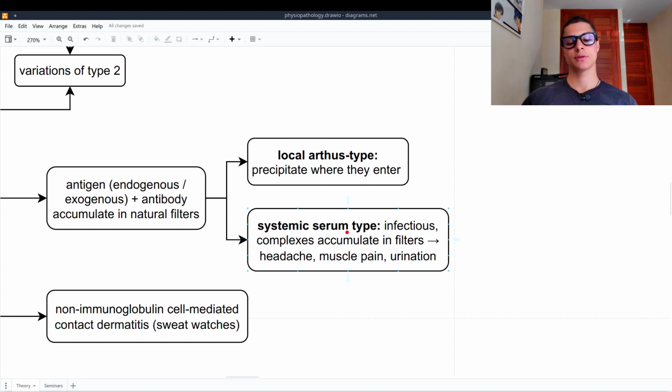Then we have the systemic serum type, which is infectious, an infection again, and the complexes accumulate in filters. This is when, for example, we have headache, muscle pain, and also pain when urinating. There is a systemic pain overall, and chances are you probably had this once in your life, where you have pain in all your body and you really feel weak.